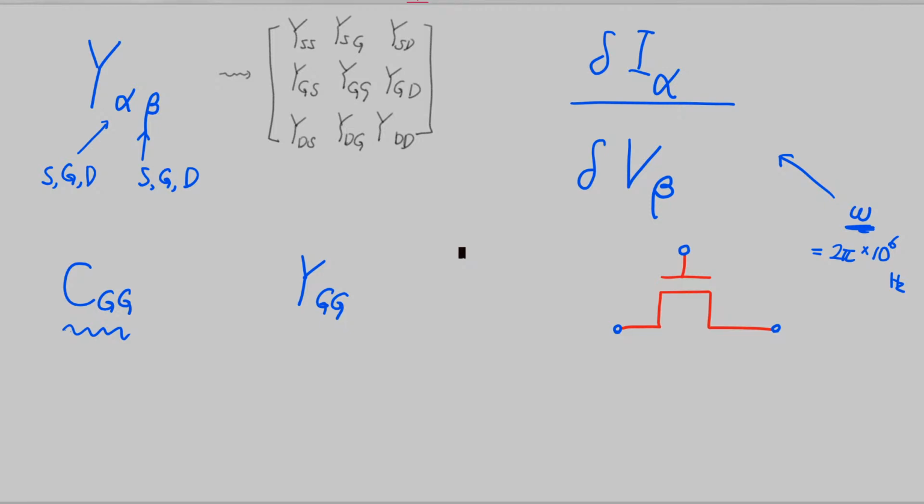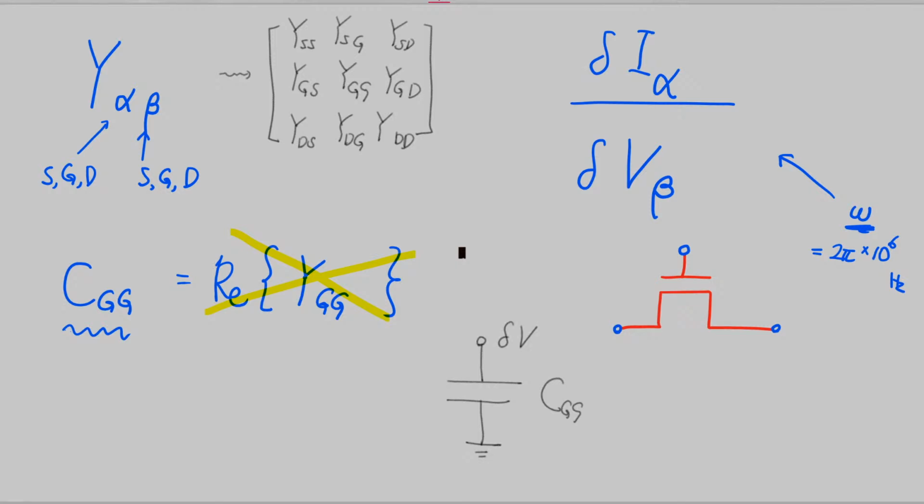However, for the YGG parameter, its real part, no, this is not the case. The real part corresponds to the in-phase component, but please think about this case. Now you have a capacitor called CGG, you have biased ground and apply delta V. Then what will happen?